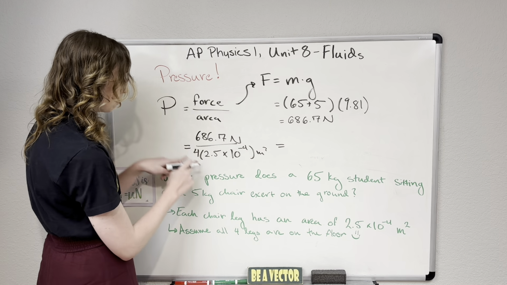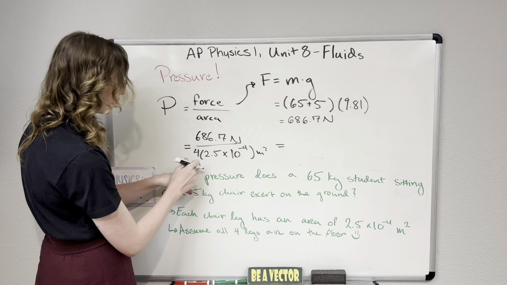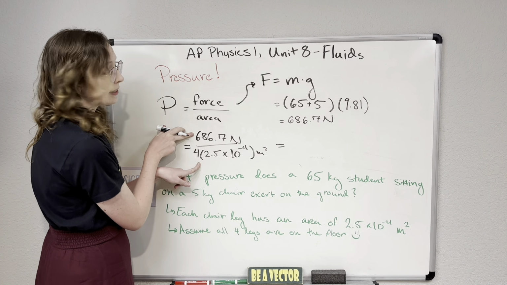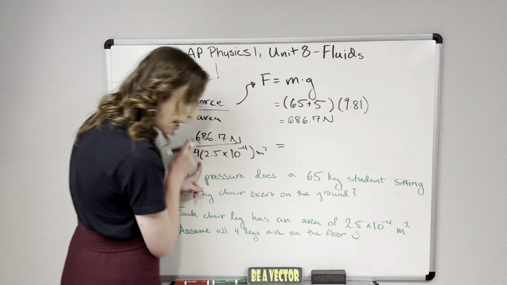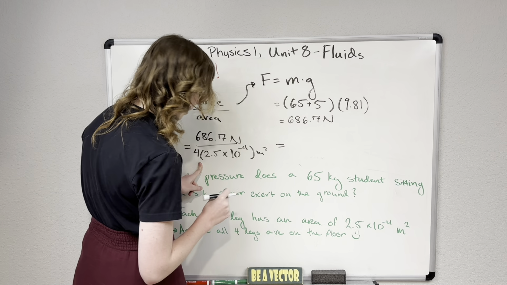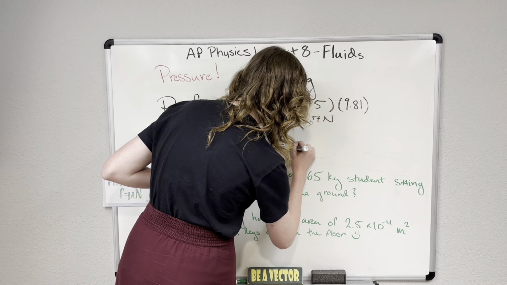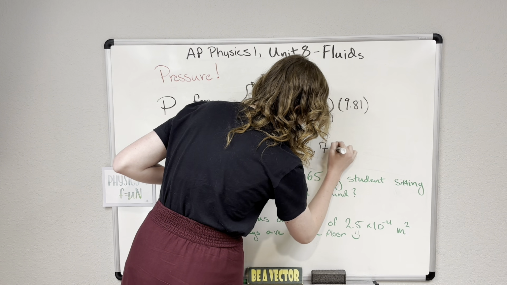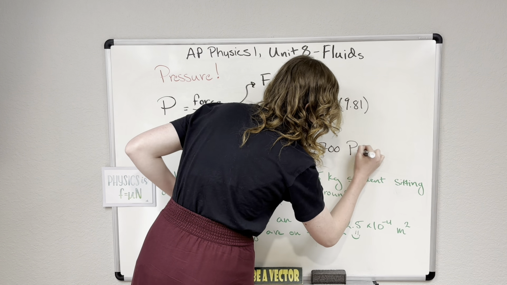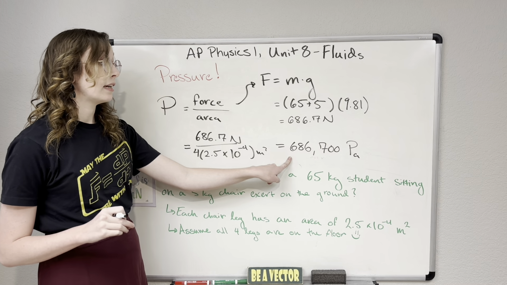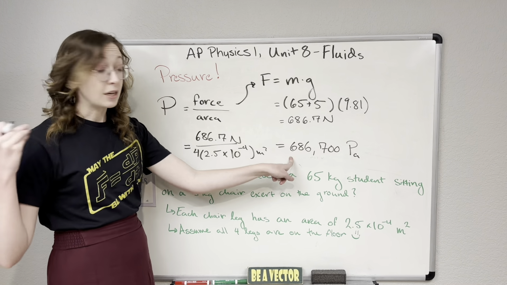So if I just multiply this number by 4, which gives me 10 times 10 to the negative 4, and then I divide 686.7 newtons by that number, we end up getting 686,700 pascals, or 686,700 newtons per meter squared.